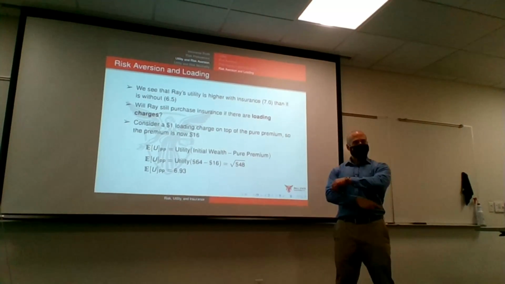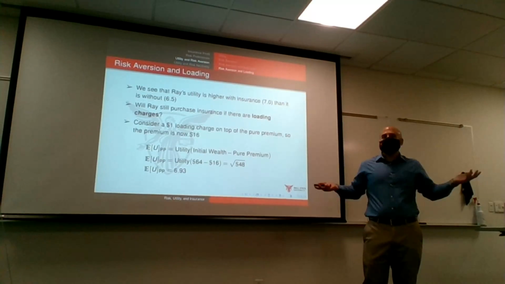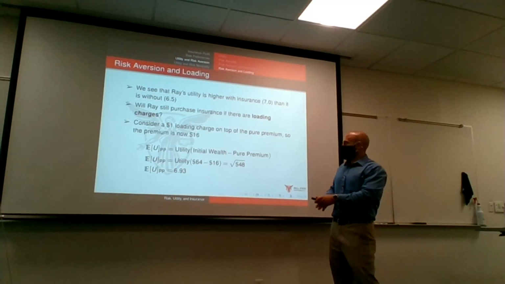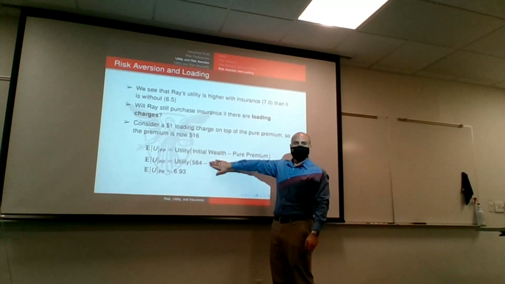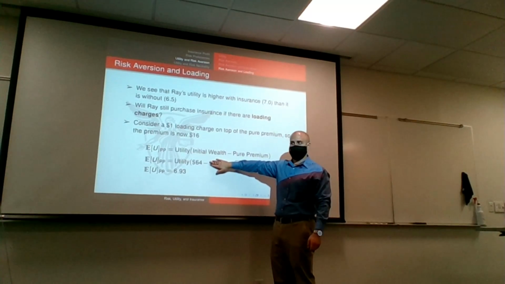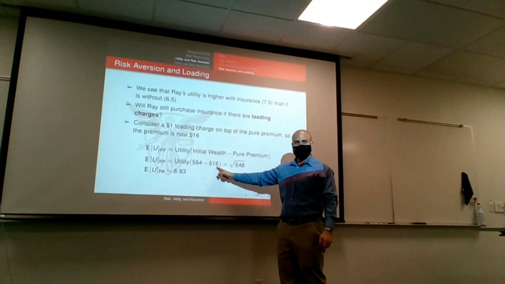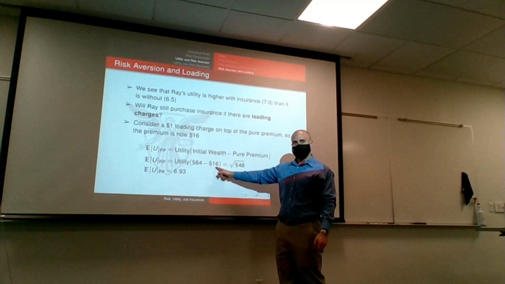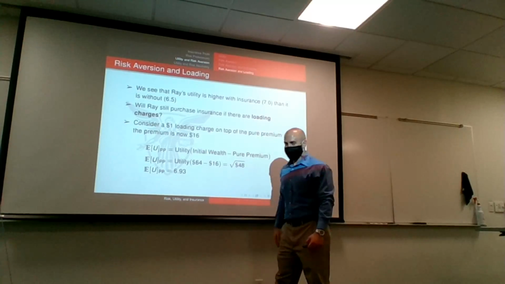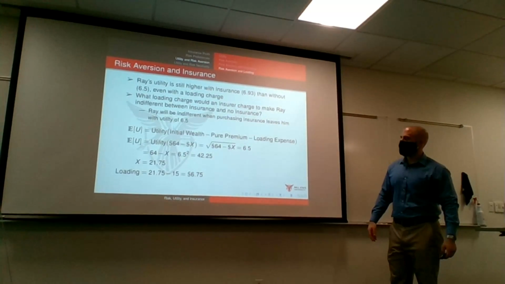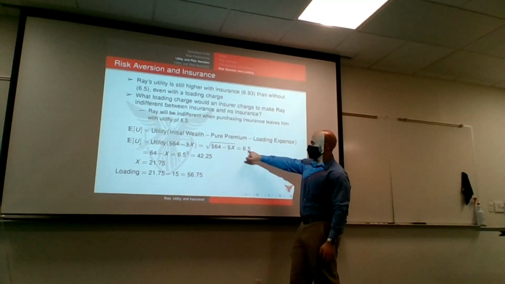Now the interesting question, and the last question we'll ask using this kind of method here, is how much would he pay? So what value here is going to set him all the way back to 6.5? Because that's where he'll be indifferent. So this X value here is going to set this utility to 6.5. If we do that, we set it equal to 6.5 here.